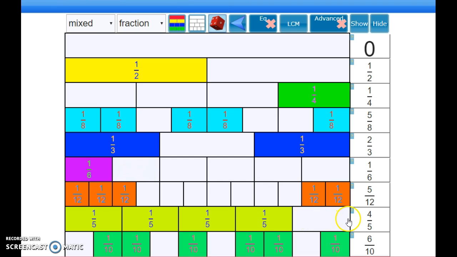The whole bar is nearly full, so I'm pretty sure 4/5 is a good one, so I'm going to write that down. Another big one, I think 6/10 looks like it probably is also a good one. I know that 6/10 is more than half, and I know that 4/5 is more than half, so they're both better than the halfway point for this bar.